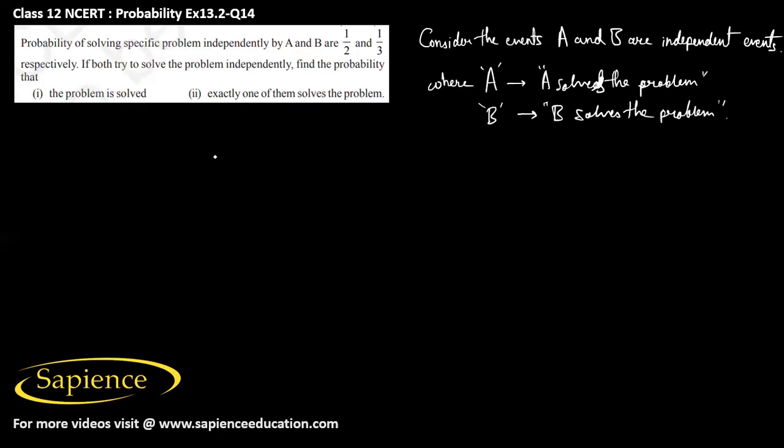Okay. So therefore, it is told that the probability of the event A, it means the probability that A solves the problem, is 1 by 2, and the probability that B solves the problem is 1 by 3.